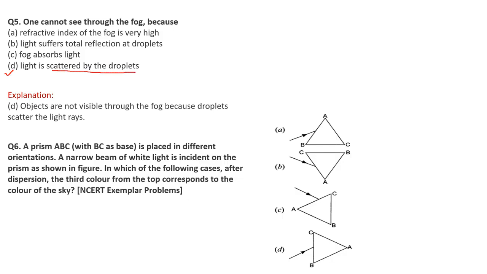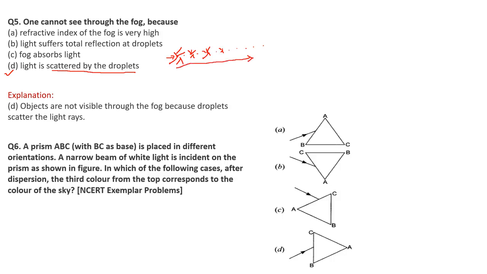In fog, let's take, there are millions and millions of particles. I'll just take one row of particles. When light strikes the first particle, it will get scattered in different directions, and then at the next particle again it will get scattered, then the next, again and again.